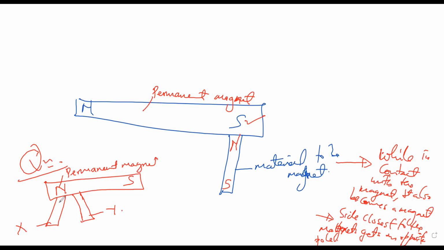X is north. Okay, this is north, this is south. Then how about for Y? Oh yes, Y is also north. Okay, so this is the north.